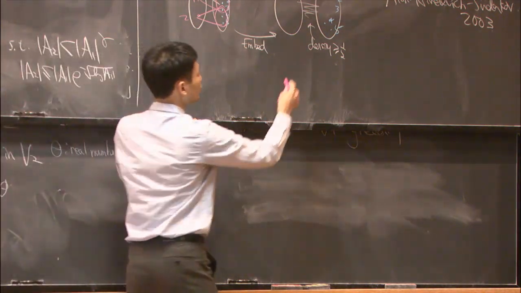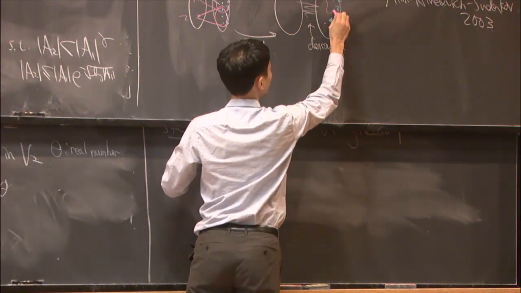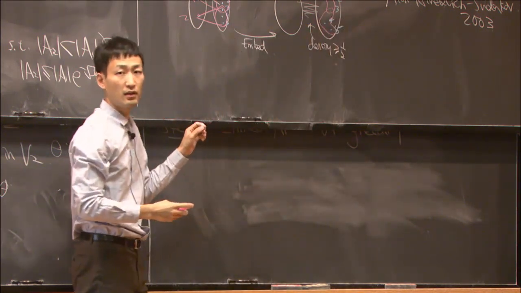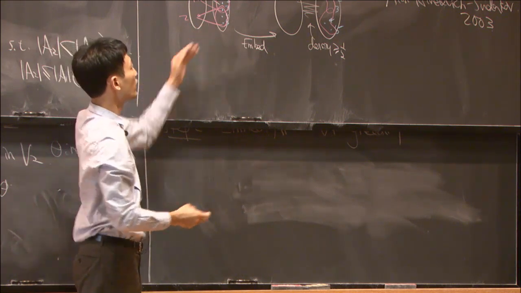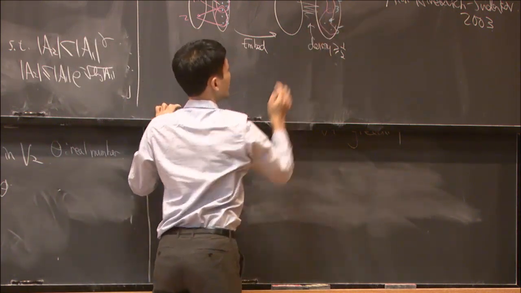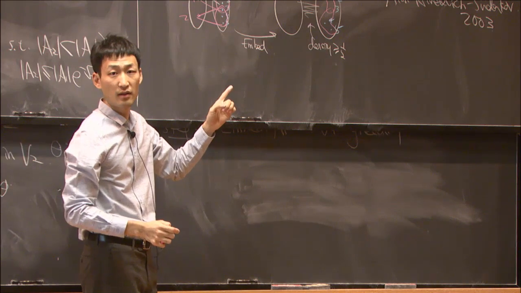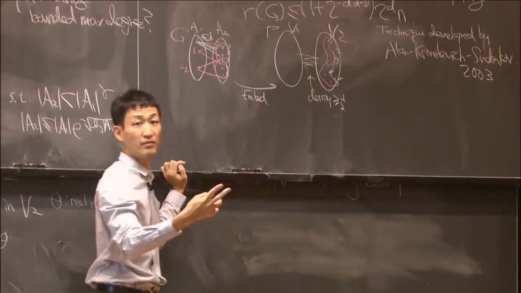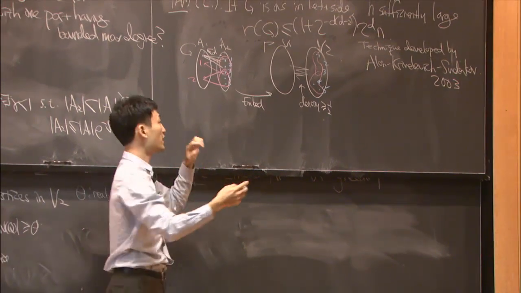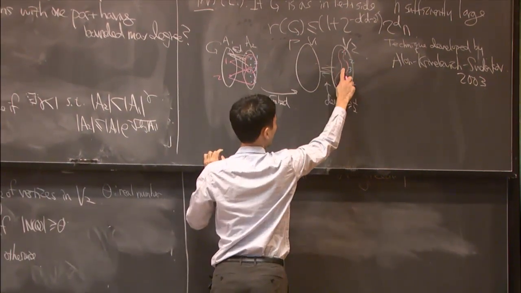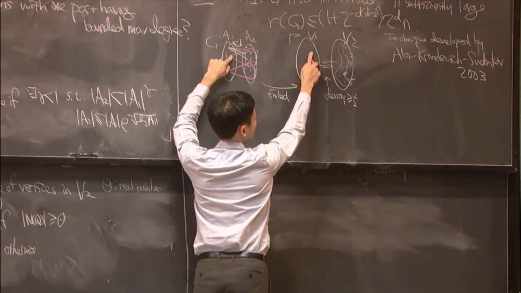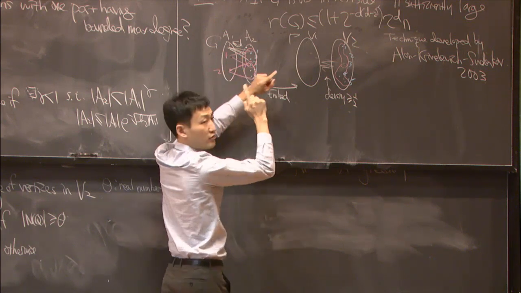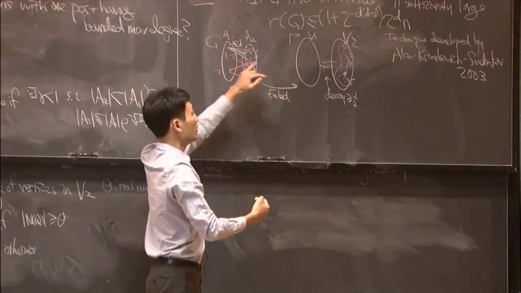What we want to control is the number of common neighbors of these 3 vertices and the number of common neighbors of these 3 vertices. In this particular case, I want to make sure that these 3 vertices have at least 1 common neighbor. And if I want to use a greedy algorithm, I want to make sure that these 3 vertices have at least 2 common neighbors. Because if that's the case, they have at least 1 common neighbor, I will embed 1 to that common neighbor. These 3 have at least 2 common neighbors. Even if I happen to already use one of them, I can use the other one to embed 2.